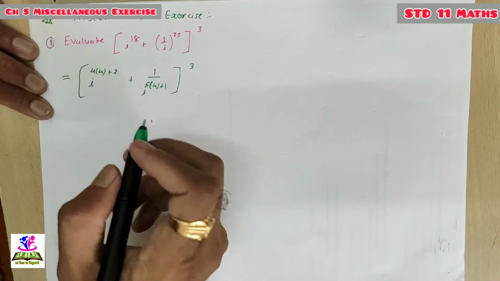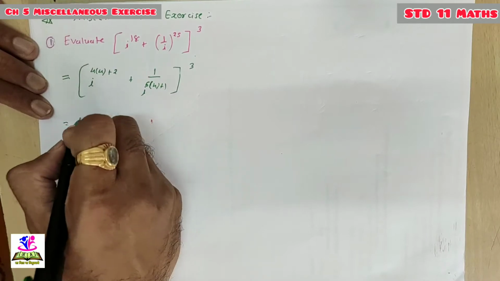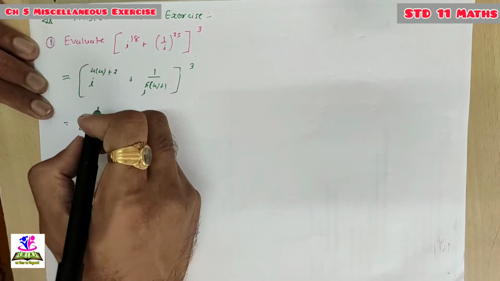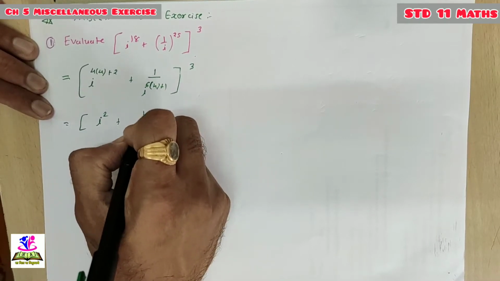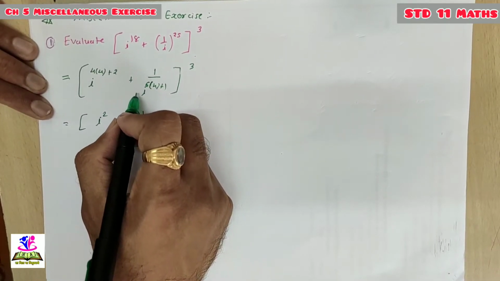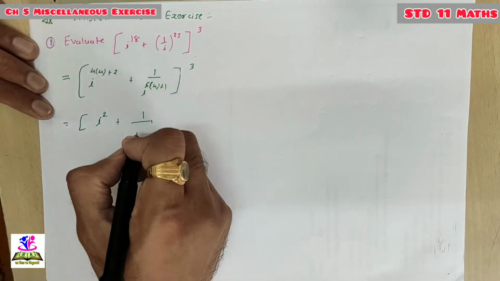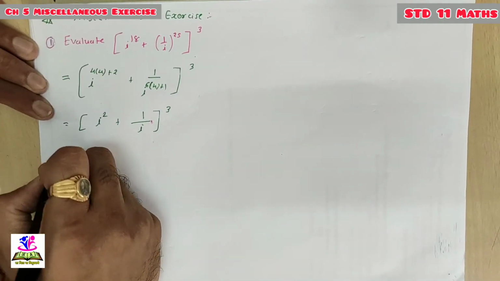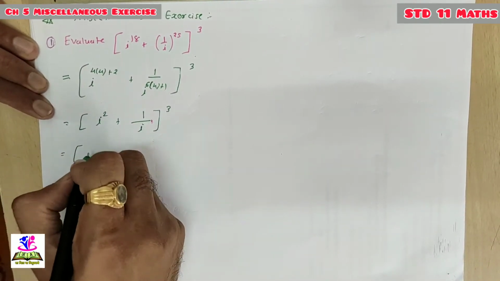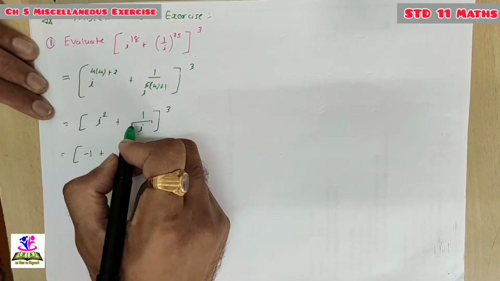So we know the powers of i. What is i raised to 4k plus 2? It is nothing but i square. Plus 1 upon i raised to 6k plus 1 is nothing but i, and whole power raised to 3. So what is i square? i square is minus 1, plus here 1 upon i.